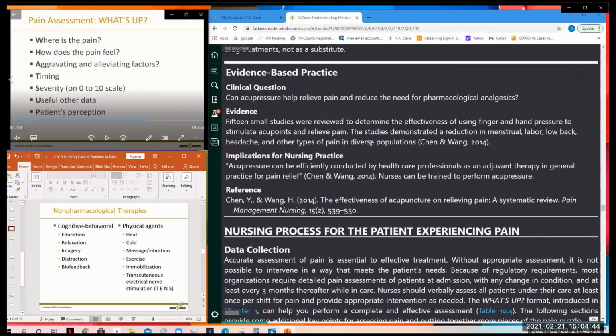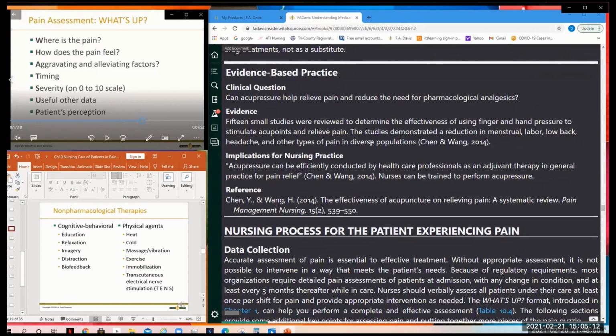Evidence-based practice. Clinical question: can acupressure help relieve pain and reduce the need for pharmacological analgesics? Evidence: 15 small studies were reviewed to determine the effectiveness of using finger and hand pressure to stimulate acupoints and relieve pain.